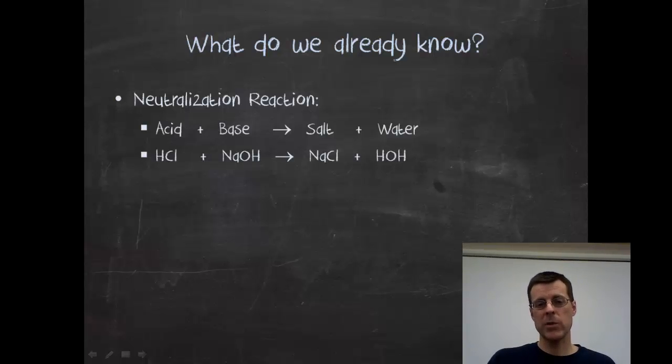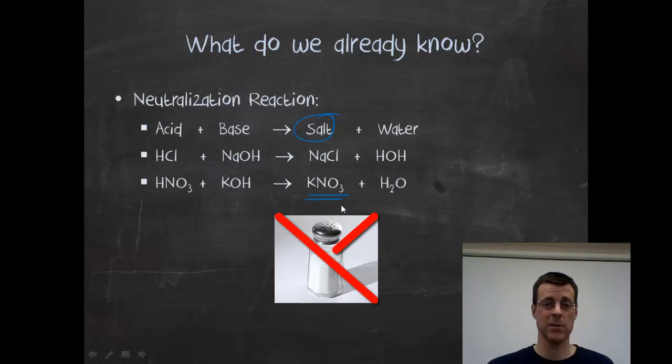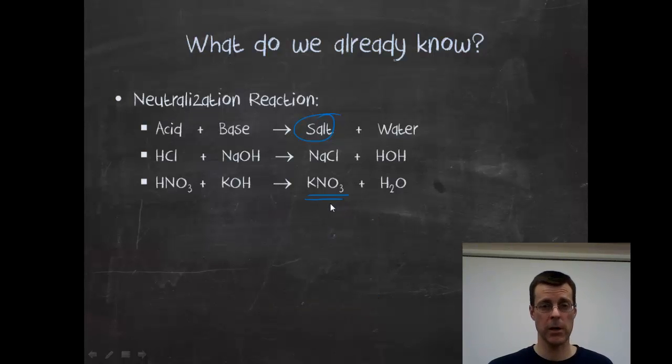Now, when a chemist says you get a salt and water, we might mean hydrochloric acid reacts with sodium hydroxide to make sodium chloride, table salt, and water. But really, when a chemist says salt, he means any ionic compound that is the result of an acid-base reaction.